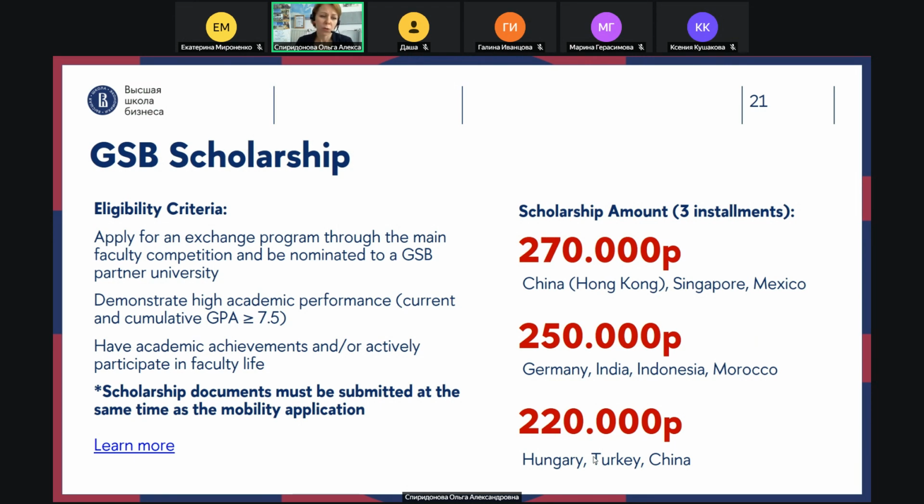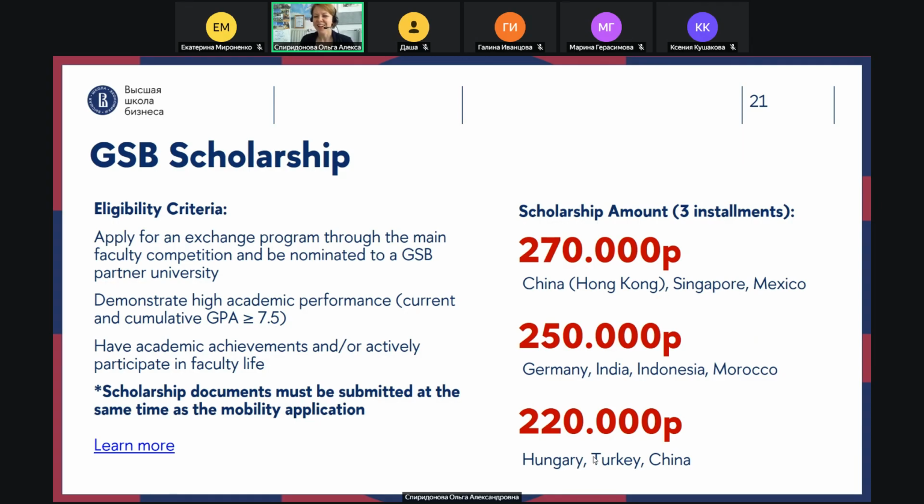These scholarship documents must be submitted at the same time as the mobility application. There is a special button for that, and please attach all the documents that are needed. The scholarship amount can be different, depending on the country, and no, it's not paid every month.